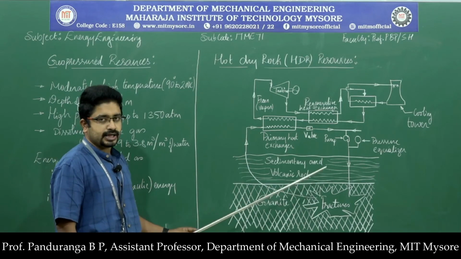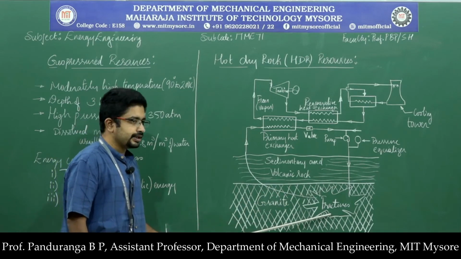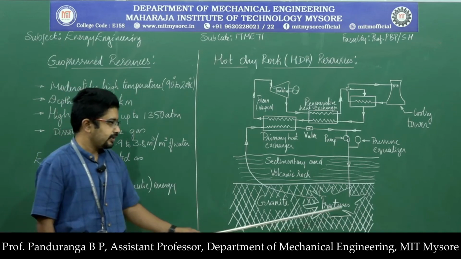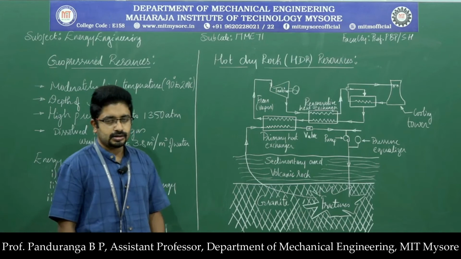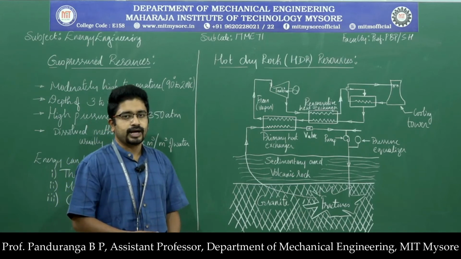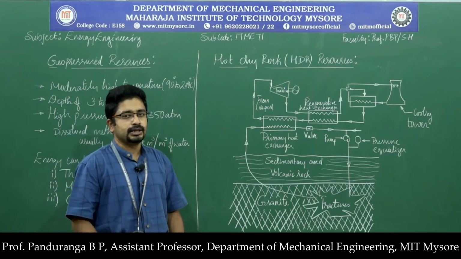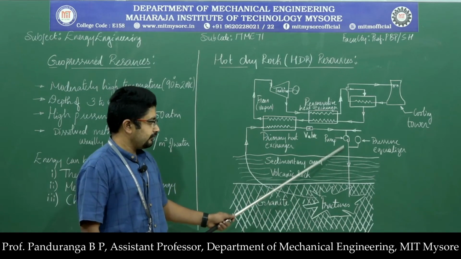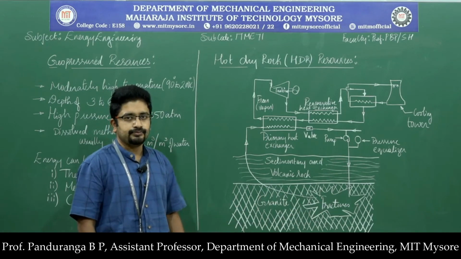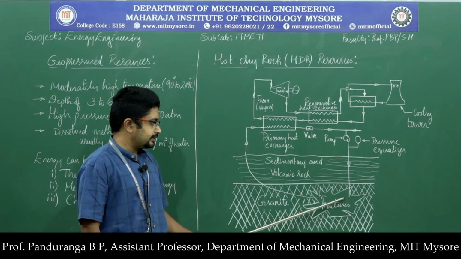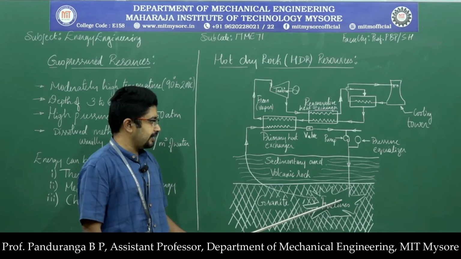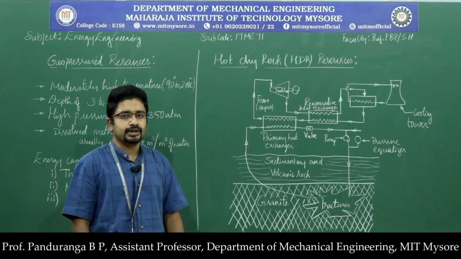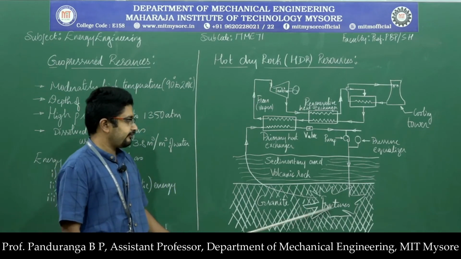So this will not be sufficiently heated. What we can do in this kind of case is create fractures in the granite rock. To create fractures, we have discussed that we can use three different methods. First, we will drill a well, and once we reach the granite at a sufficient depth, we can use three methods to create these fractures.